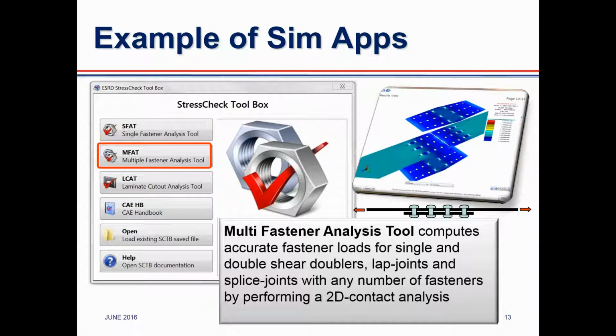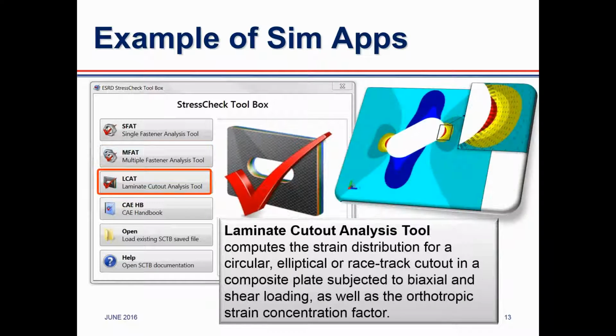This tool is complemented by a multi-fastener analysis tool that allows the computation of load transfer for any arrangement of fastener layouts for splice joints, lap joints, and others, performing 2D contact analysis, which also provides the detailed stress distribution around the holes. And for example, the laminate cutout analysis tool was developed especially for the repair community of composite materials in aircraft.